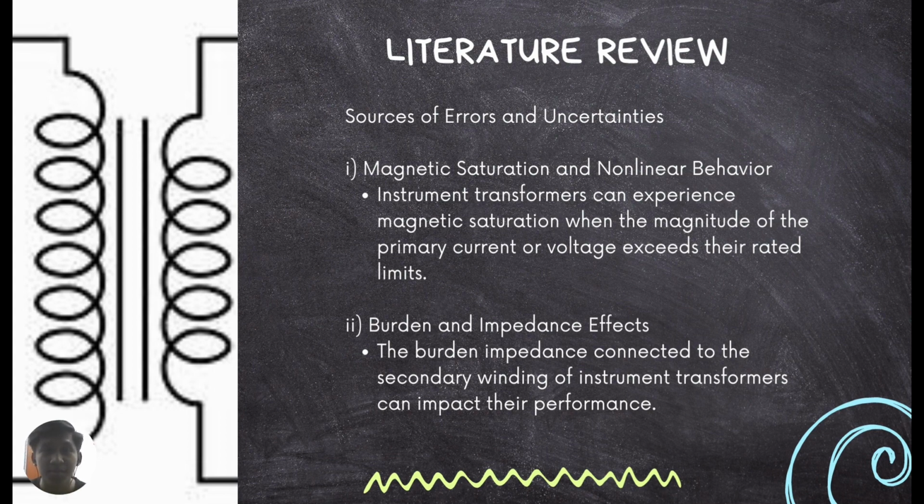For the first point, an instrument transformer may experience magnetic saturation, causing distortion in the output waveform and inaccuracies in measurement due to non-linear behavior. The second point, instrument transformer burden impedance affects measurement accuracy. Furthermore, deviation from the specified range causes error.